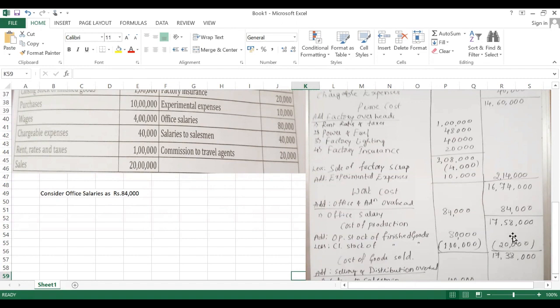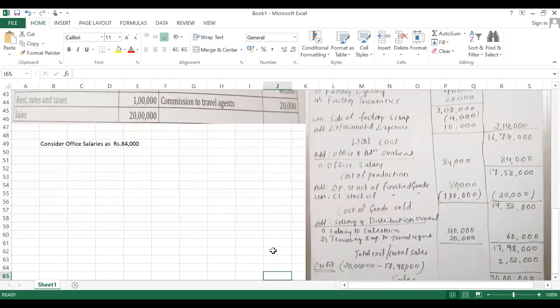Just for your understanding, I have written here minus 20,000. So directly what you can do: 17 lakh 58 plus 80,000 minus 1 lakh, which will be 17 lakhs 38,000. So this 17 lakh 38,000 is your cost of goods sold.